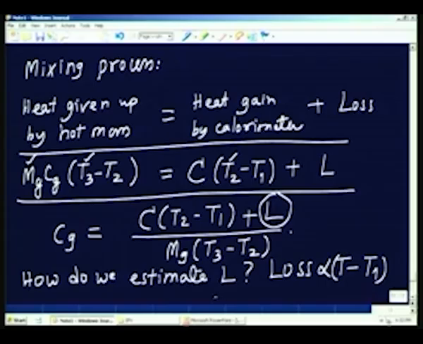Actually, I can say the loss is equal to some K multiplied by T minus T1, and if I know the value of K, I will be able to determine the loss, and then determine the specific heat accurately.